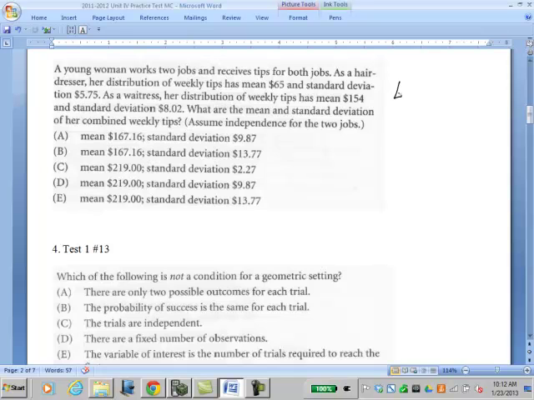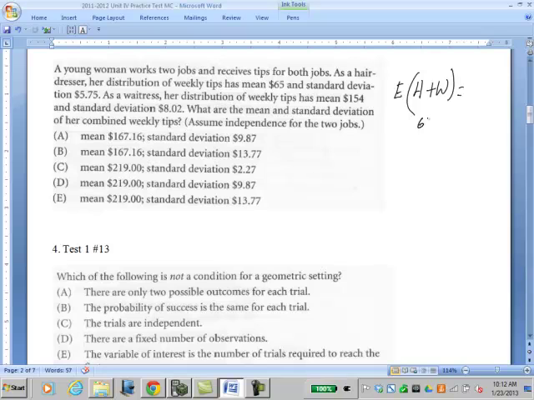continuous random variables. So we're going to do the expected outcome from the tips from the hairdresser plus the waitress, H plus W, and that's going to equal 65 plus 154, okay? And that's 219. All right, now, the standard deviation for capital H plus capital W is going to equal the square root of the 2 variances from each one.